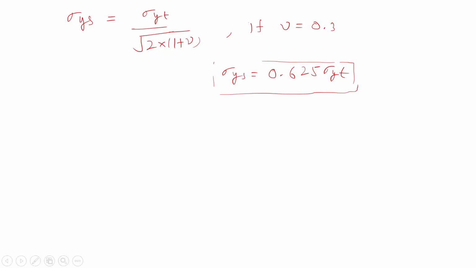And next we'll take the next theory, maximum distortion energy theory. So according to this theory, we know that sigma 1 square plus sigma 2 square minus sigma 1 sigma 2 is less than or equal to sigma yt over n whole square.